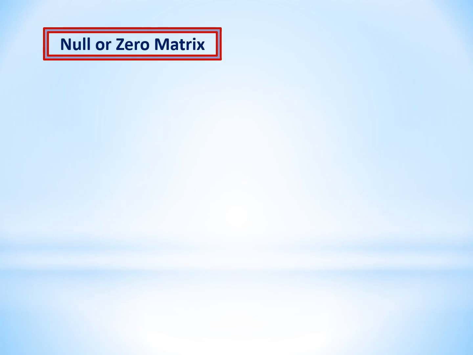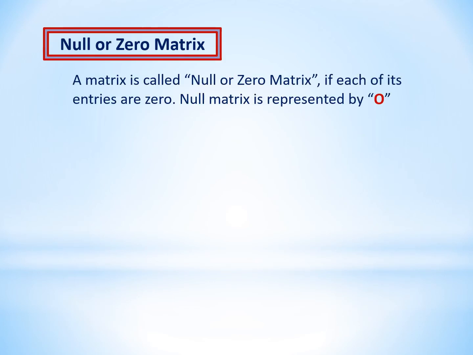Null or zero matrix. A matrix is called null or zero matrix if each of its entries is zero. Null matrix is represented by O. If a matrix has all of its entries 0, then this matrix is null or zero.